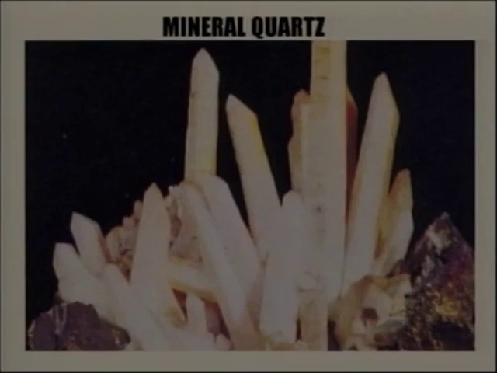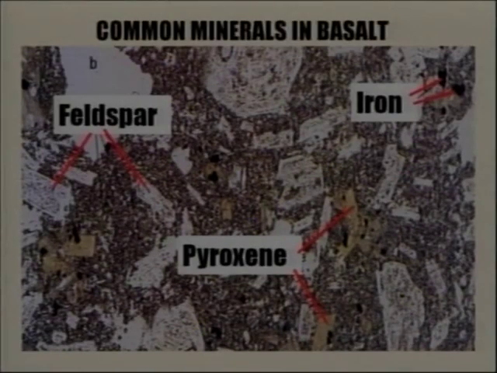Okay, here is a sample of the mineral quartz. That mineral quartz, we said it is found in a rock of granite. Looks like chips, but it's actually a mineral. Okay, then we move on, looking at the common minerals in basalt.